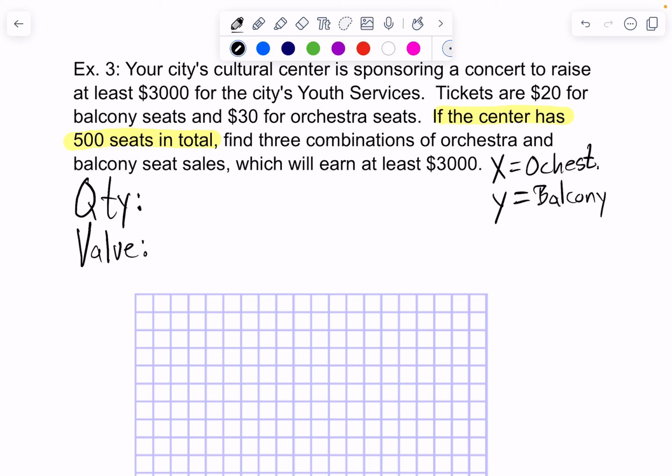And now my quantity, I know that the amount of orchestra seats plus balcony seats has to be less than or equal to 500 because that is the seat capacity that they have.